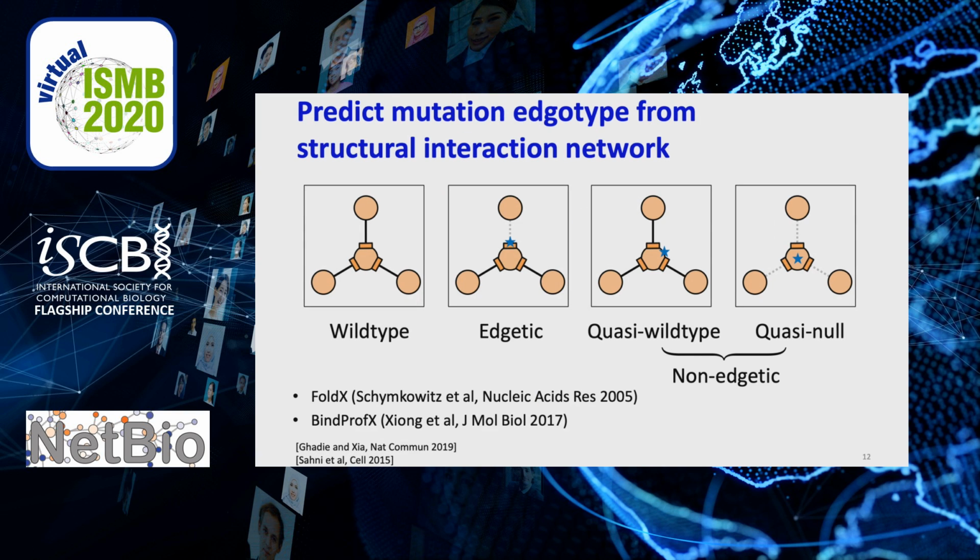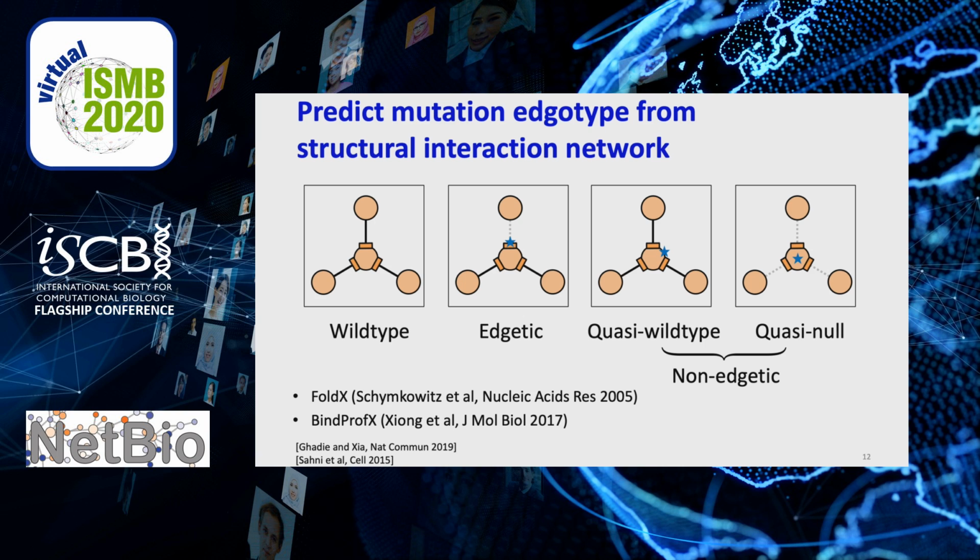Next, we use the structural interactome to predict the precise patterns of edge perturbation caused by different mutations, also known as edgotypes. Here's an example. The wild-type protein interacts with three other proteins via three different binding interfaces.